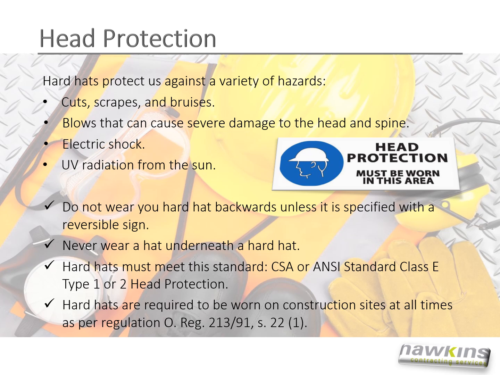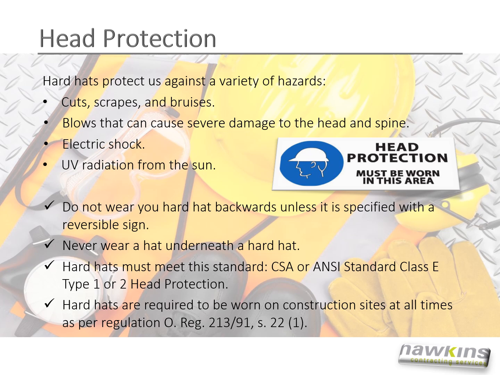Hard hats protect us against a variety of hazards, such as cuts, scrapes, and bruises, and blows that can cause severe damage to the head and spine. They can prevent electric shock and UV radiation from the sun. Some special notes about wearing hard hats: do not wear your hard hat backwards unless it is specified with a reversible sign.